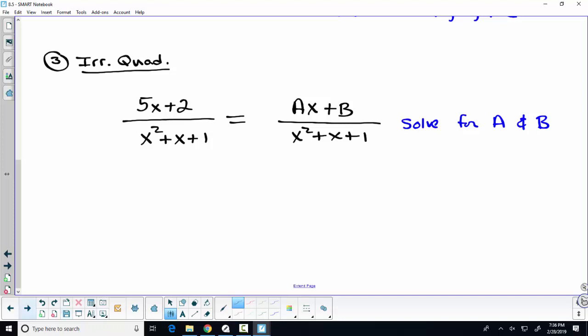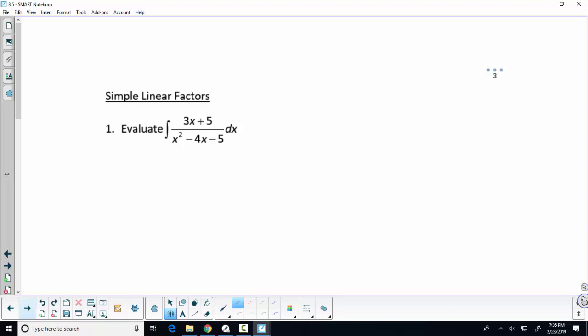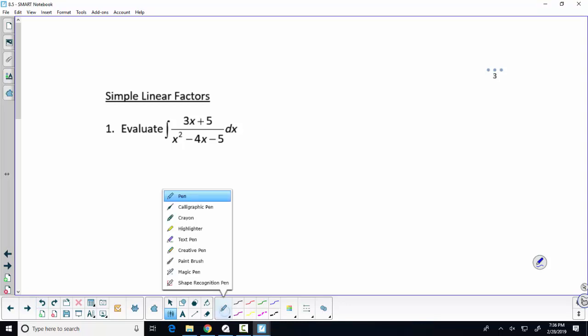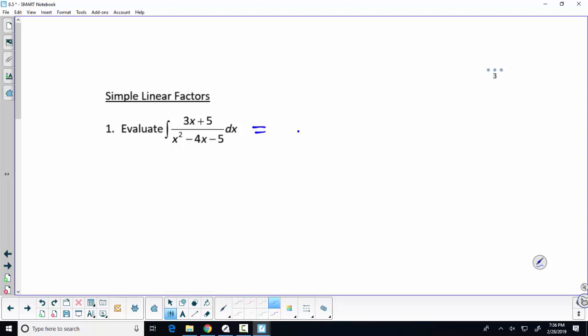Okay, so we'll take a break, but for example, when we have to integrate something like this, we say, well, I'm integrating a rational function, maybe partial fractions is a good choice. So I would ask myself, does the denominator factor? Can I factor the denominator? So how would the denominator factor then? x minus 5 and x plus 1.